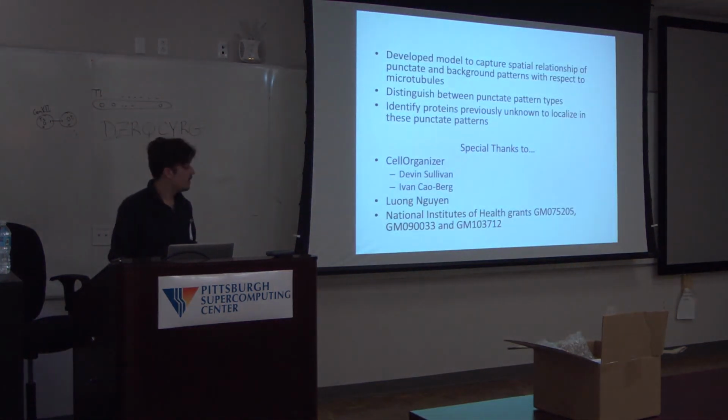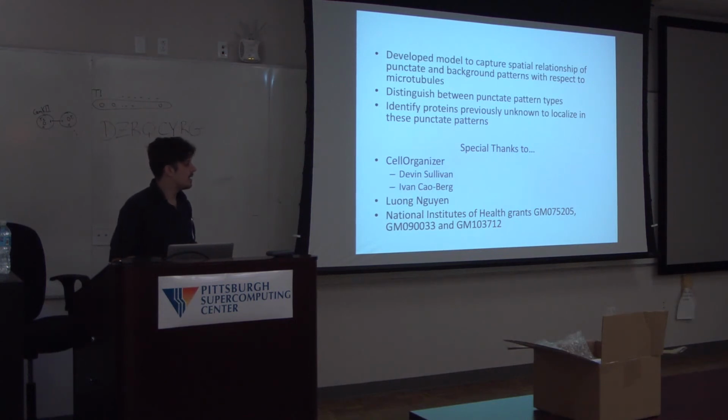And so with this, we developed a model to capture spatial relationships of punctate and background patterns with respect to microtubules. We can use this method to distinguish between otherwise very similar punctate pattern types and identify proteins previously unknown to localize in these well-characterized protein patterns.